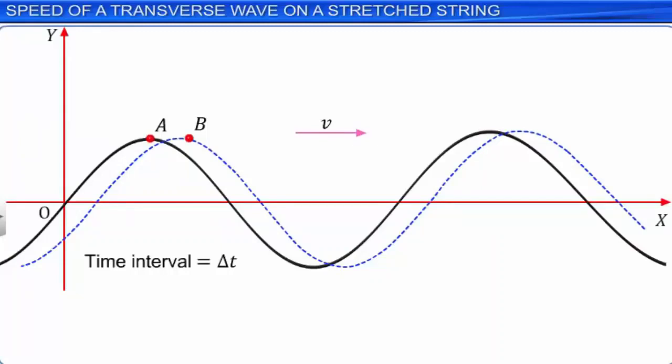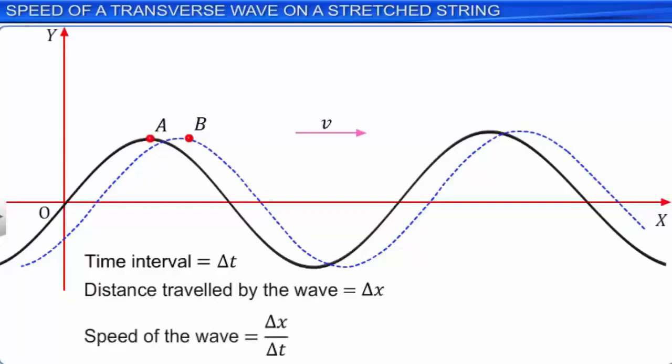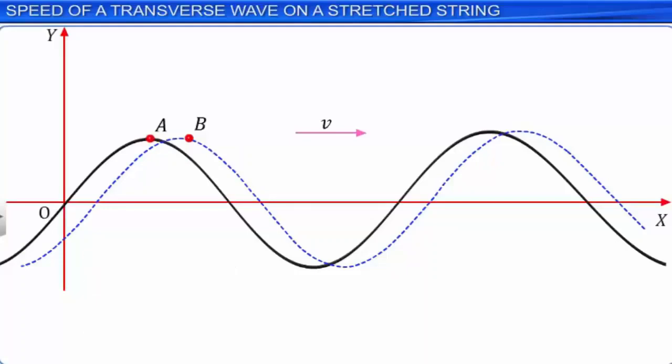We have discussed particles A and B, which were in the same phase, that is, the crest of the progressive wave. Now, let's take another pair of elements, say C and D, which are at the same phase. We find that their displacement in the y direction is also the same.